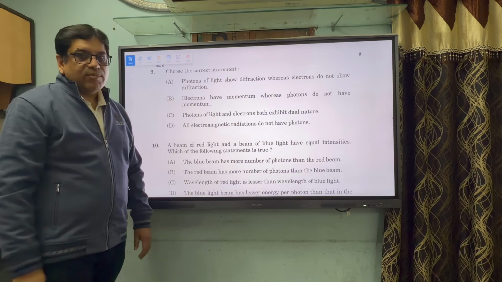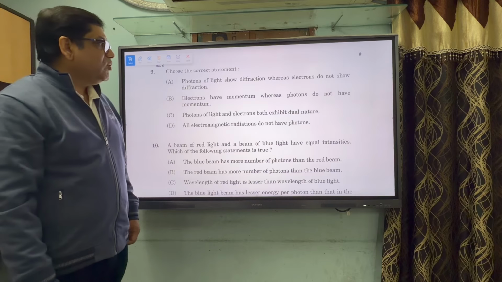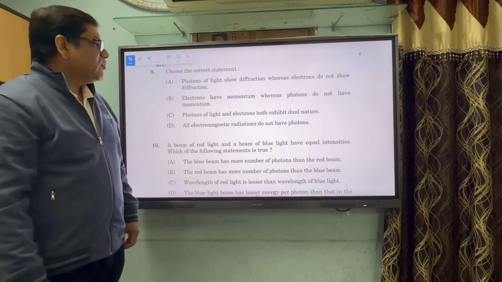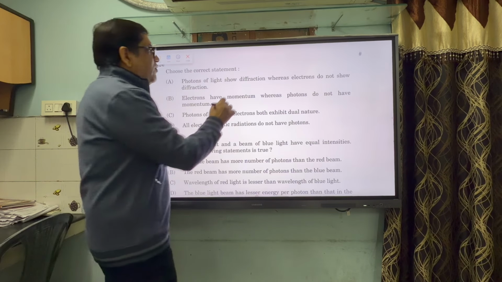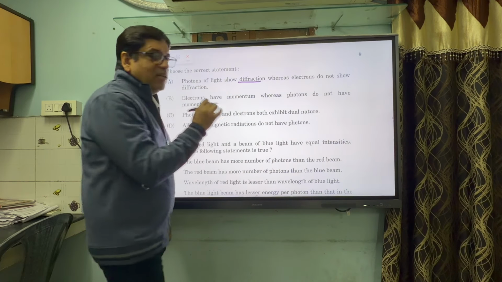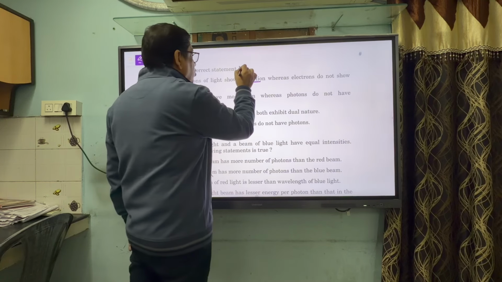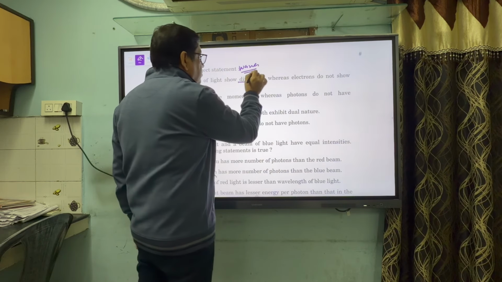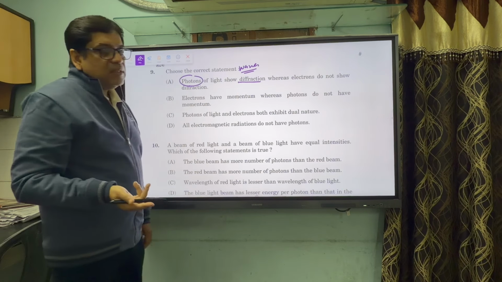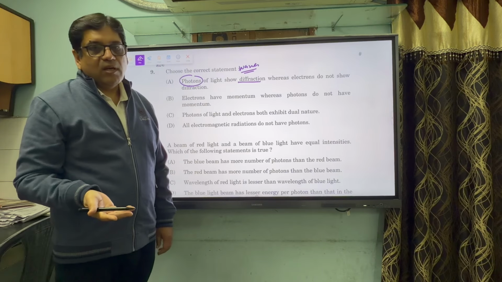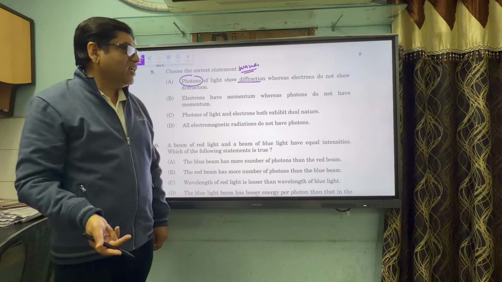Choose the correct statement. Photons of light show diffraction, whereas electrons do not show diffraction. Diffraction and interference are both phenomena which are shown by waves. Photons obviously, photons are energy particles, waves ही हैं. Energy has a dual character, wave character as well as particle character.